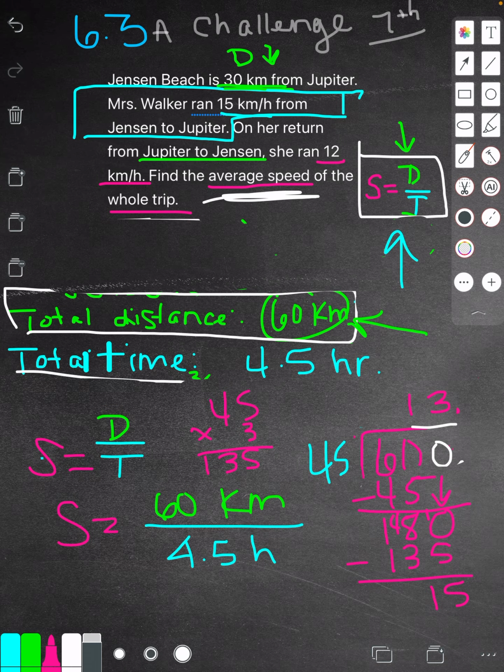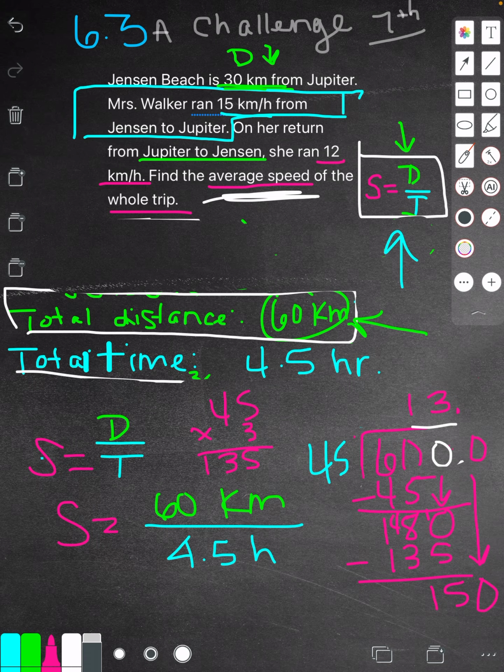I need to put in a decimal, and now I can go ahead and add a 0 and bring it down. I am here again with 150.